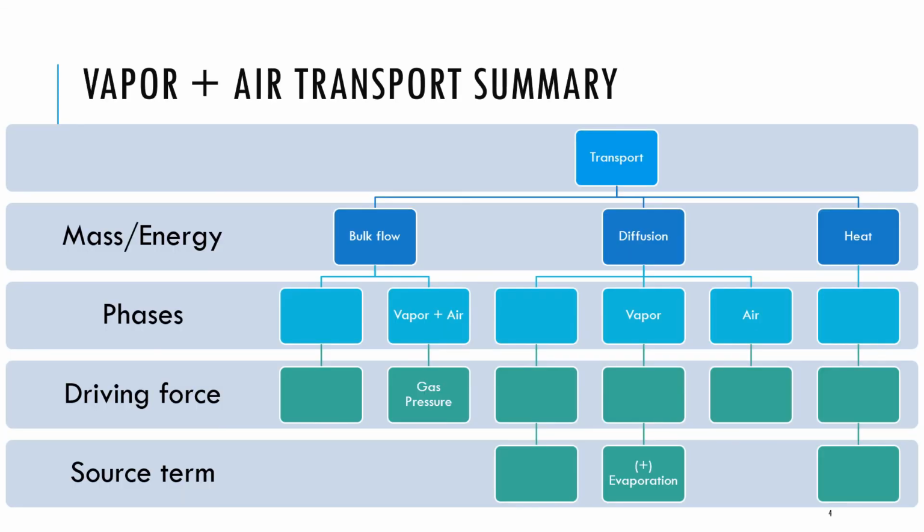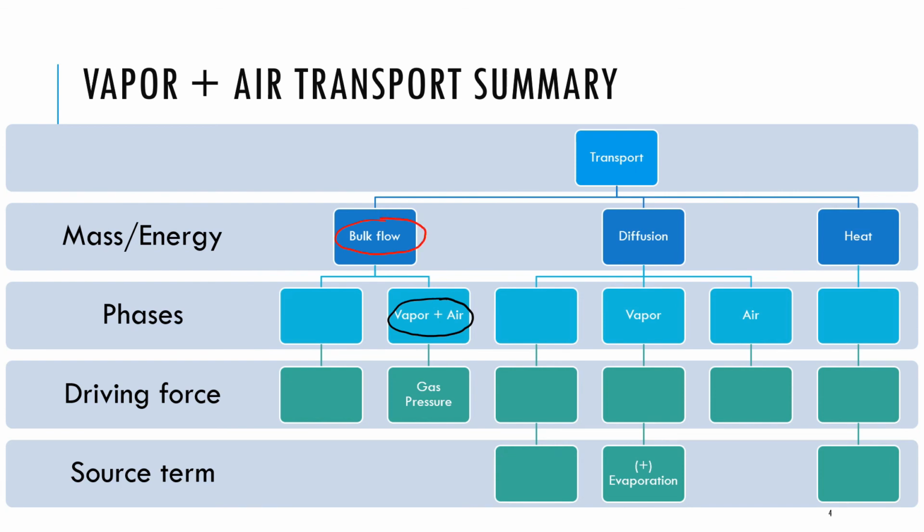Back to our map that we are using to record these transport processes, phases, driving forces and so on. In the case of the vapor plus air system, it does not have diffusion, it only has flow.